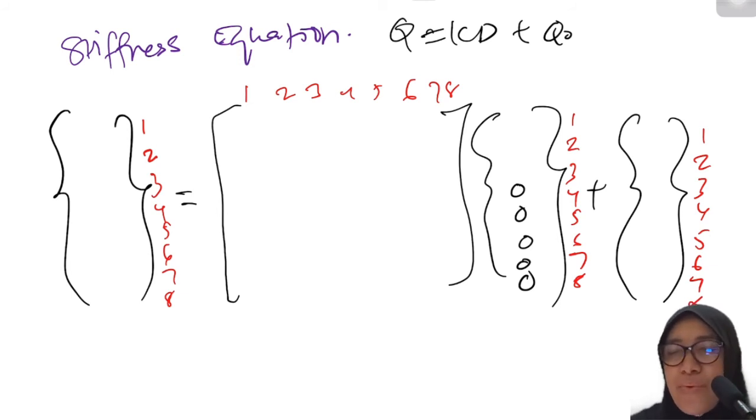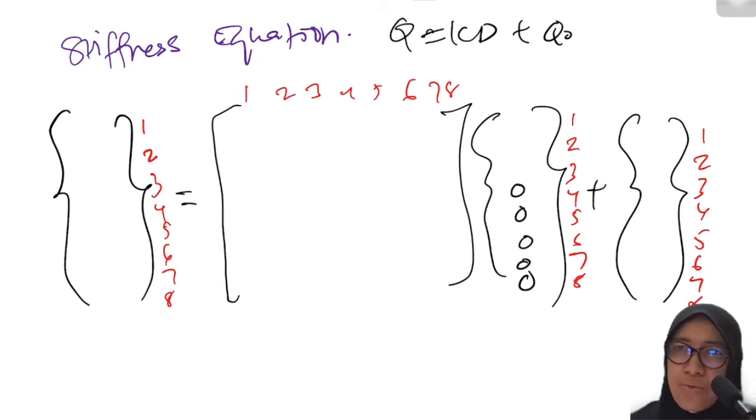So it is just like we cancel line number 4, 5, 6, 7, 8. Because it is just mathematical formulation, whatever value at position 4, 5, 6, 7, 8 in the structure stiffness matrix doesn't give any value, because we cancel with the 0 displacement.